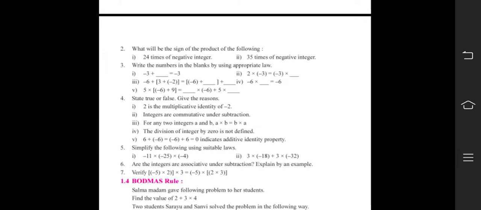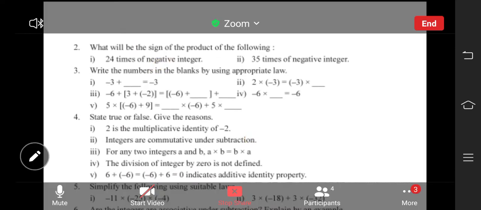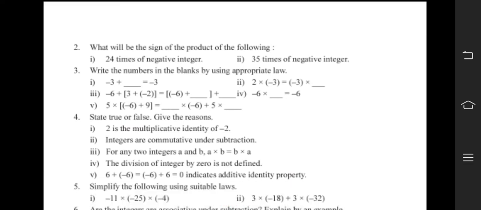Next, third one: -6 plus 3 plus -2 equals -6 plus dash. Which property is it?